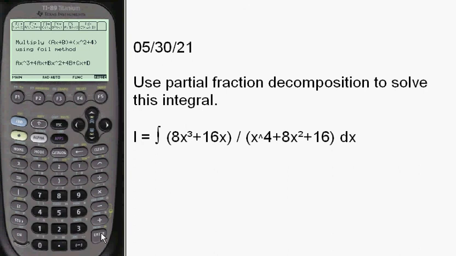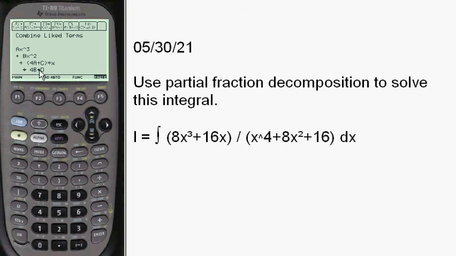Remember, the FOIL method: the first, ax times x squared, is ax cubed. O is the outside, ax times 4, is 4ax. I is inside, bx squared. And L is the last, b times 4, so it's 4b. And then we have to add the cx plus d. We combine like terms and we come up with this here.